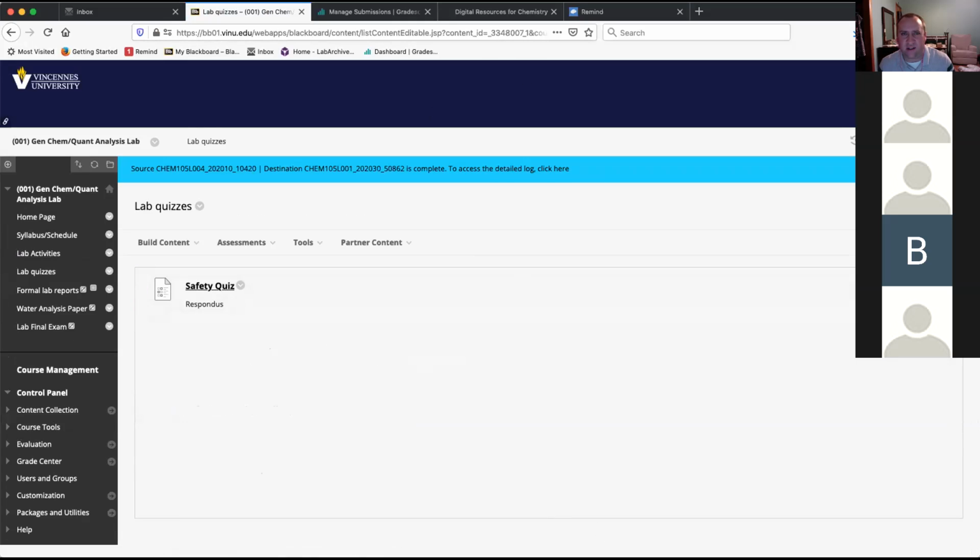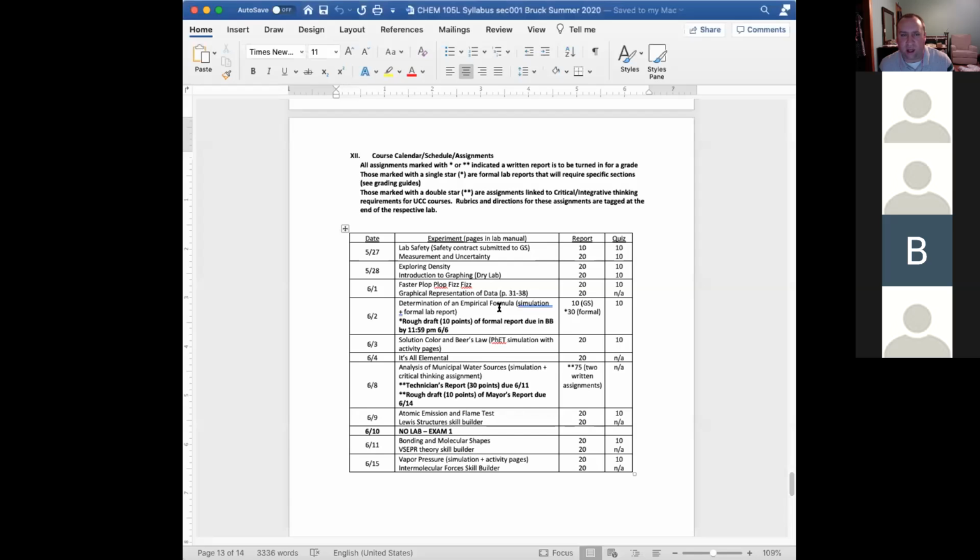I know that sounds a little bit convoluted, but if you look here, you can see that most of the early labs have quizzes. There are a couple here that do not. So, for example, graphical representation of data, which is our second graphing lab, our slightly more advanced graphing lab, that one doesn't have a quiz for it.